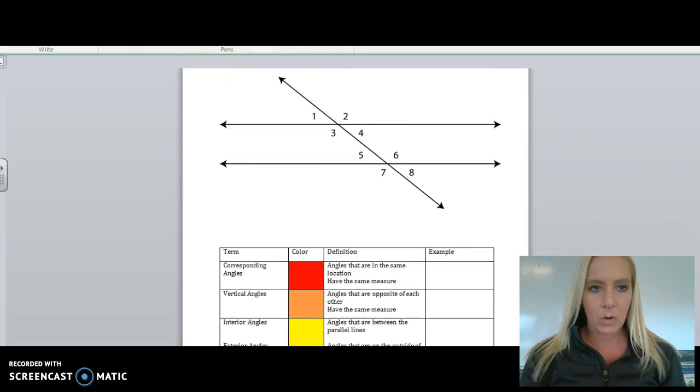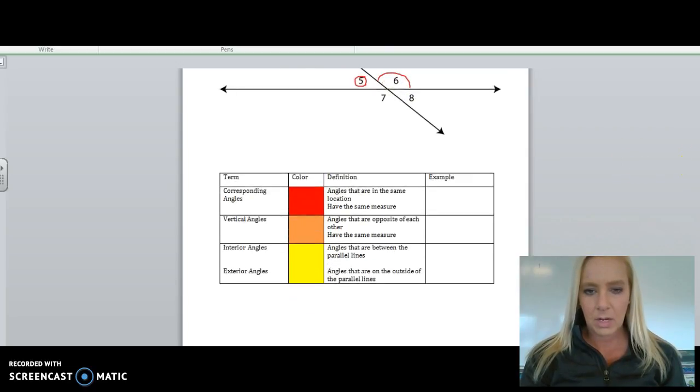An example of a corresponding angle would be 1 and 5. Another example would be 2 and 6. So we can write 1 and 5, 2 and 6.